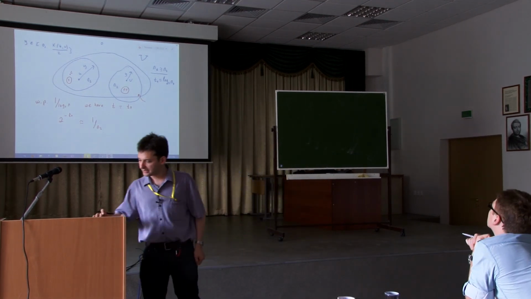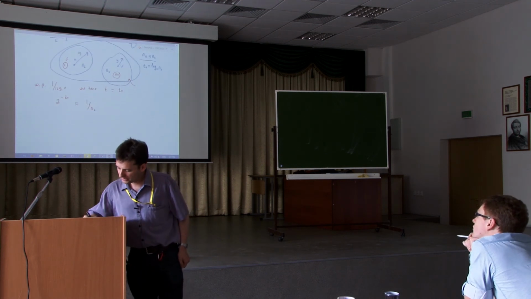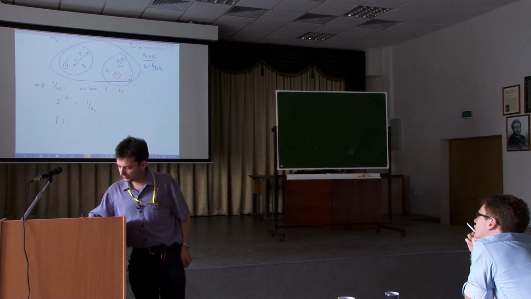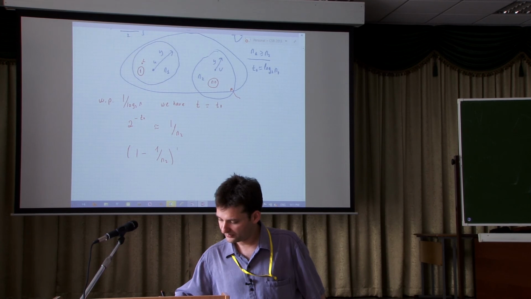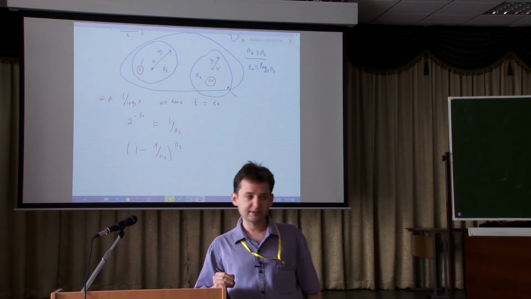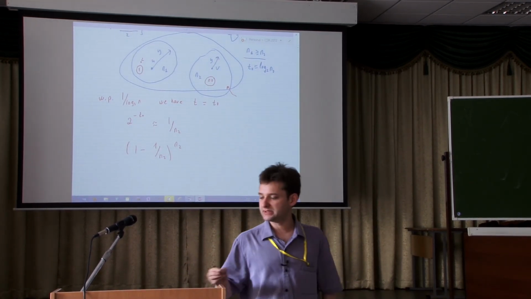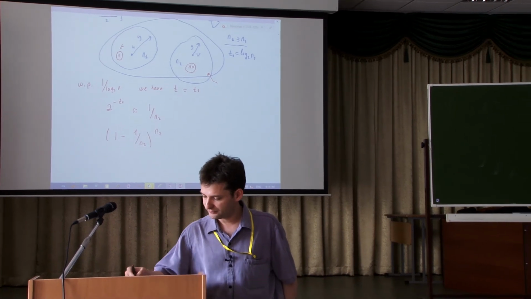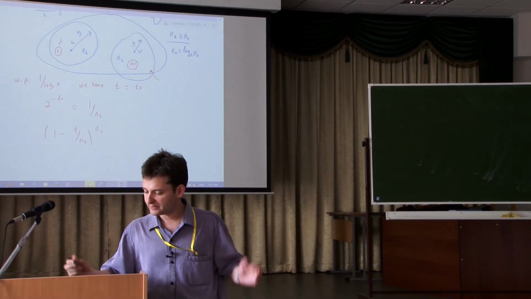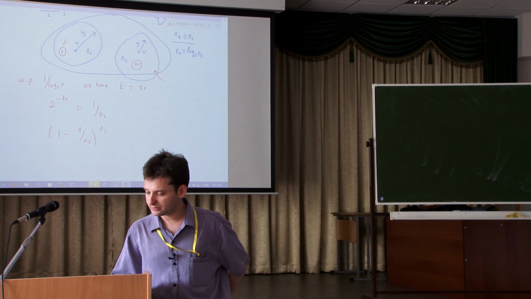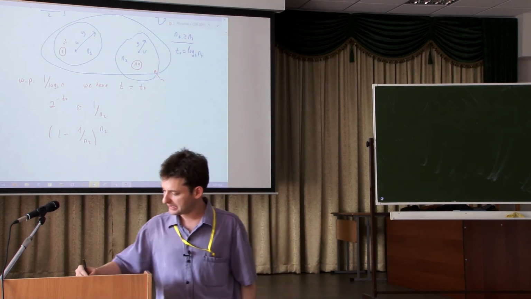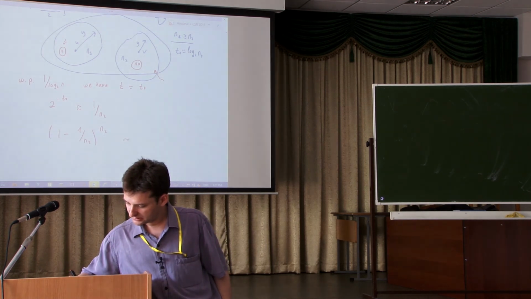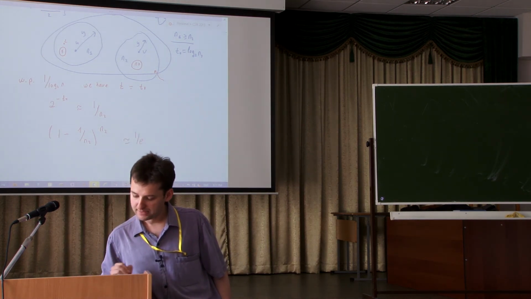So if it was exactly 1 over N2, we would get that the probability that there are no points is 1 minus 1 over N2 to the power of N2, right? Because for every point, the probability that we don't pick it in the zero set is 1 minus 1 over N2, and we have N2 points in that ball for which we make the choices independently, so this probability is roughly 1 over E.